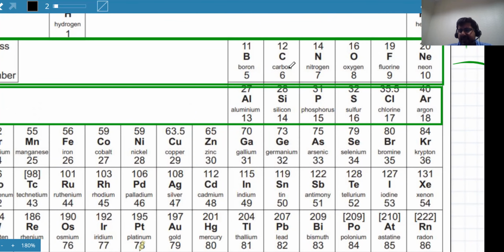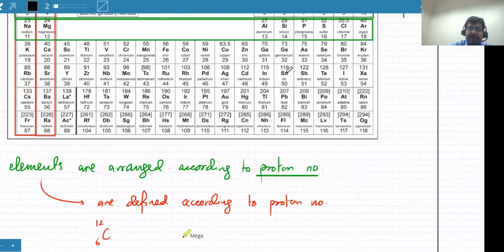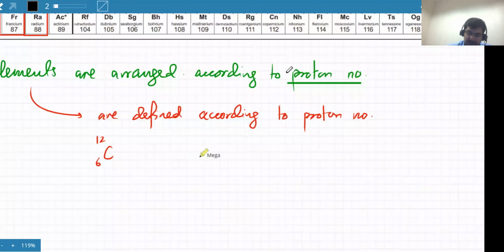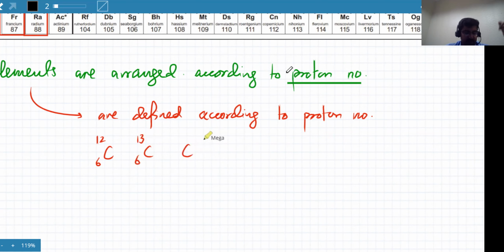So all the carbon atoms in the universe would be identified by this proton number, which is 6. If the proton number changes, the element changes. But there could be other types of carbon as well, carbon 13, carbon 14.